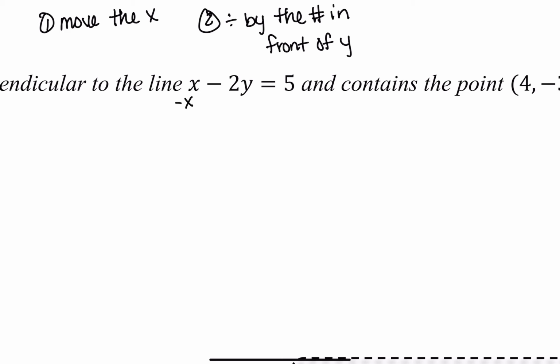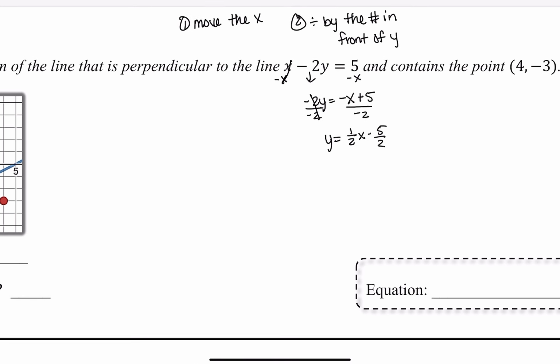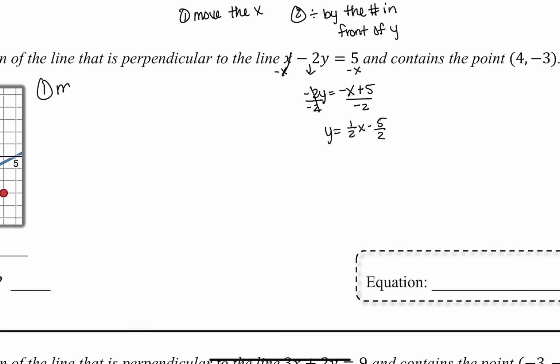So you move the x, you bring this down, negative x plus 5, and you divide by the number in front of y. So you have y equals a negative divided by a negative is a positive, and this one's going to stay negative. Then you can start your 4 steps. Step 1, write your original slope, which is going to be the 1/2 because that's the one in front of the variable x.